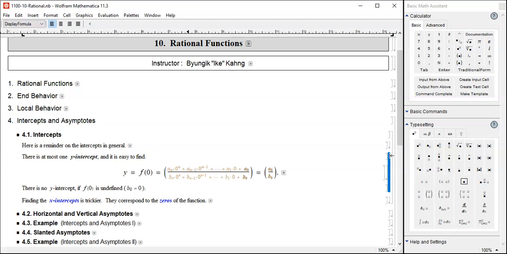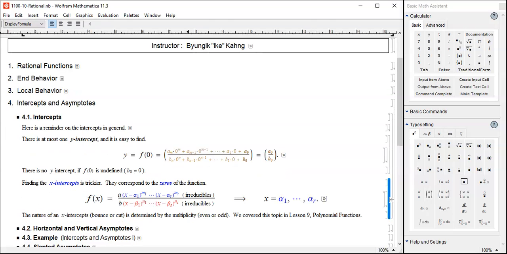And here are the rational function version of the y-intercept and the x-intercept. Y-intercept, plug in x equal to 0, so there you go. And for x-intercept, the function value, y value, has to be equal to 0, so the numerator has to be equal to 0. But, big but, don't just jump into the numerator.